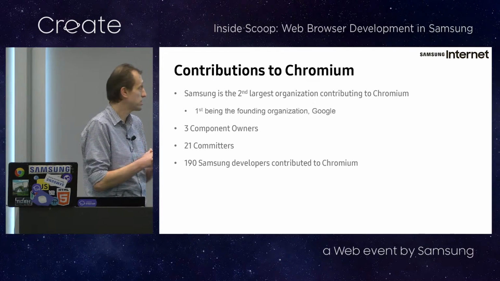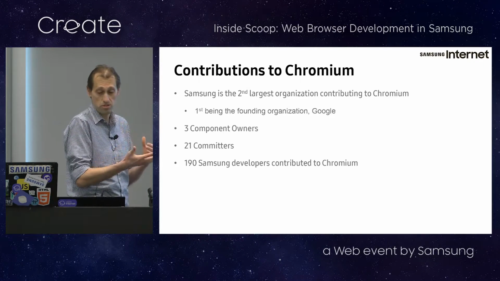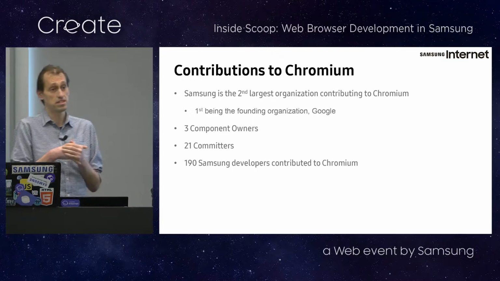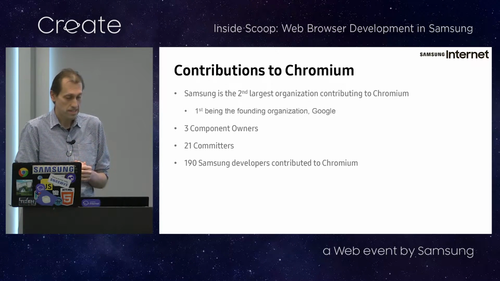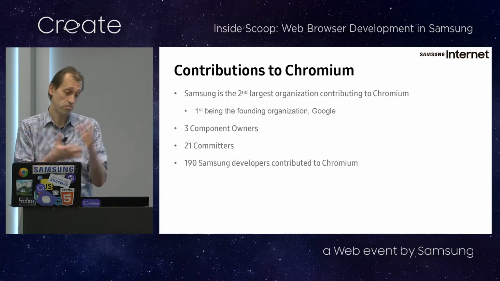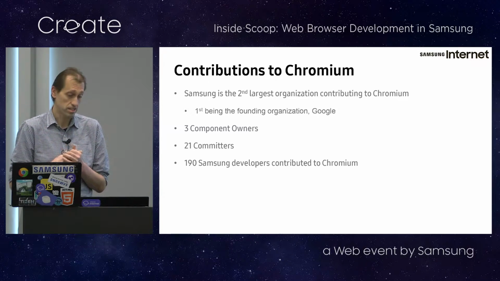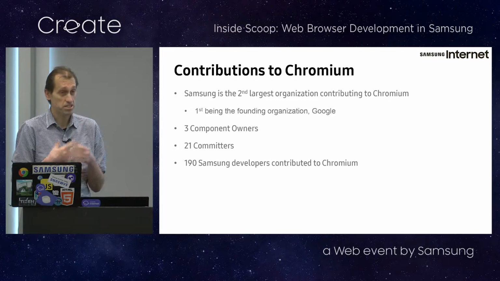Of that, about 10% reached the point of being a committer. I'm going to talk a little bit more about what a committer means, because if you as a developer consider contributing to Chromium, this is a level of status that's achievable with a little bit of commitment.